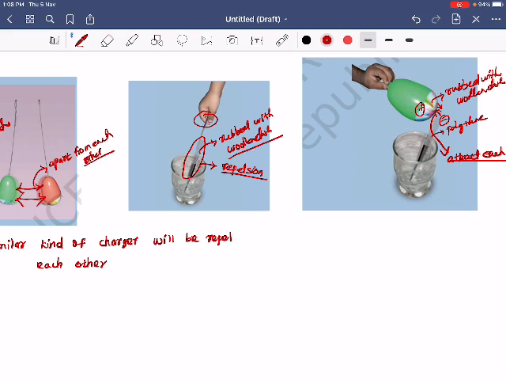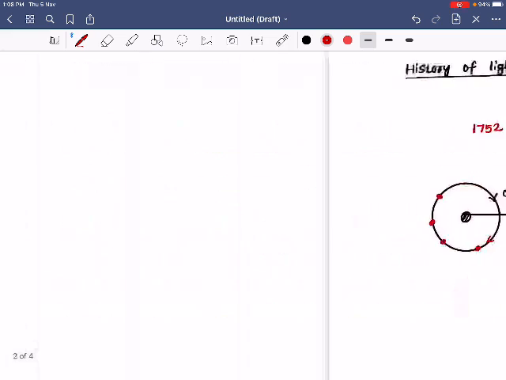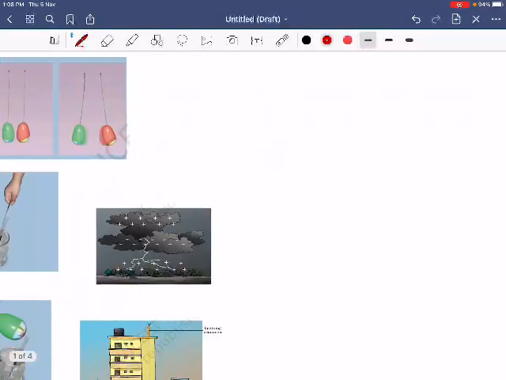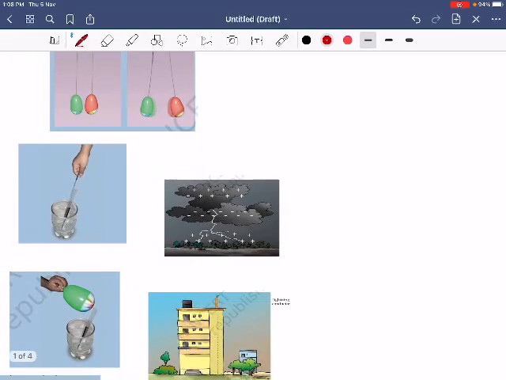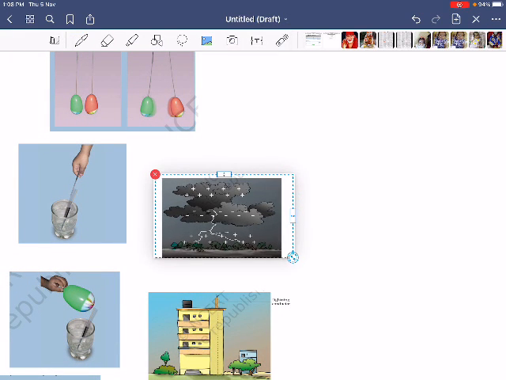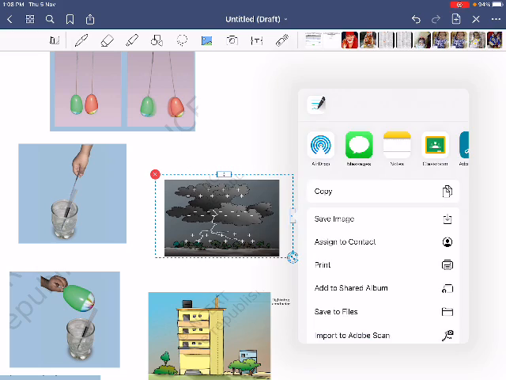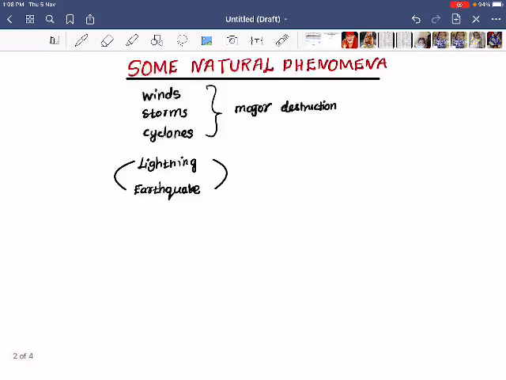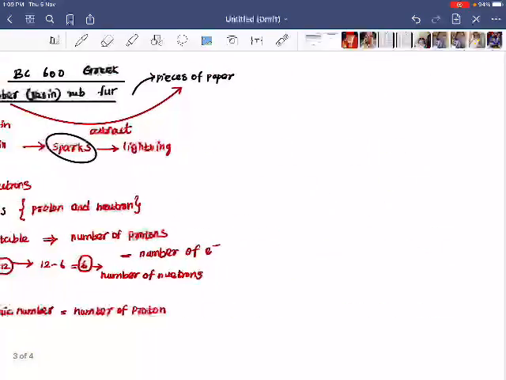And one more thing I will say is how lightning happens. This is the main concept, students.